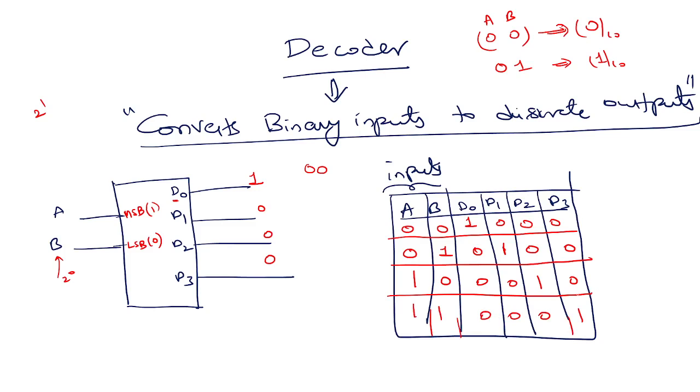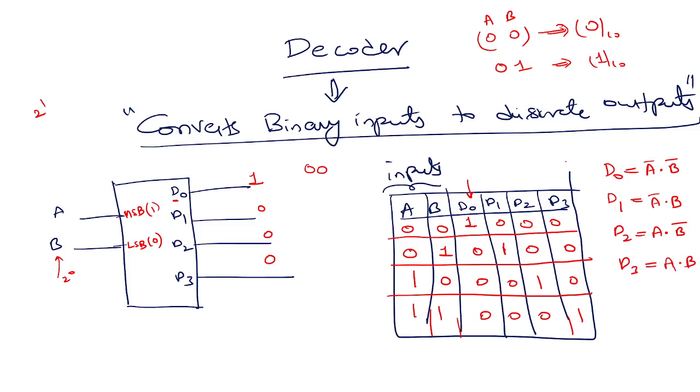Okay, this is the understanding of decoder. Or if I want to write D0 in terms of AB, what is D0? D0 is 1 when A is 0, B is 0. That's it, right? I can write A bar, B bar. D1 is A complement B. D2 is A B bar. D3 is A and B. Correct?